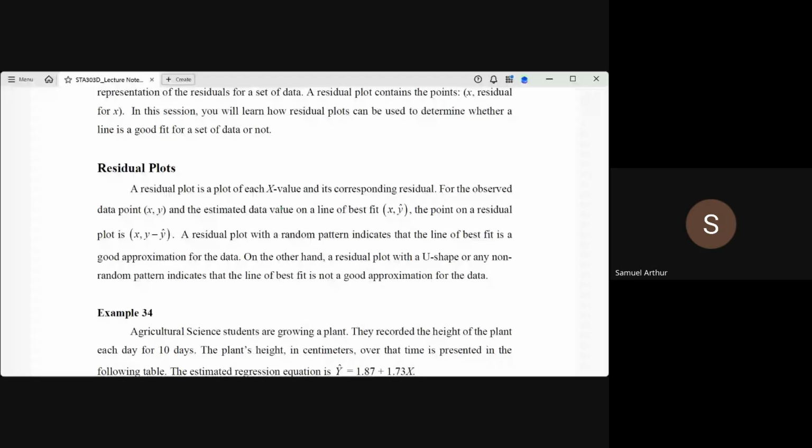Please, is the screen showing? Half of the screen is not showing. No, it's not showing. Let's log out and come back. I've logged out and come back, still not showing. Several times, but it's not showing.